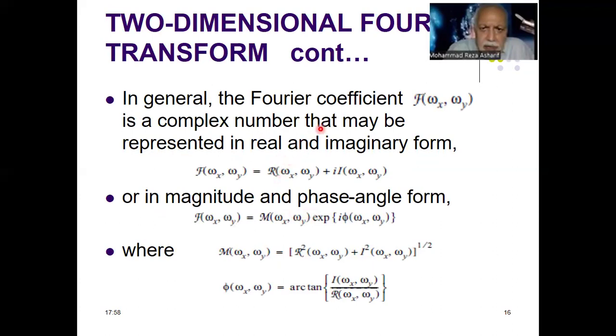In general, the Fourier transform F of omega x, omega y is a complex number with a real part and an imaginary part. So we can describe it in magnitude and phase angle. This is the magnitude and the phase phi.